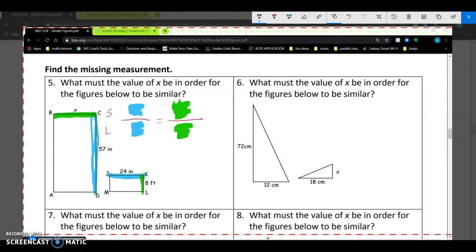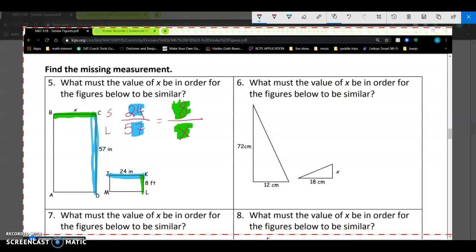Let's do the blue side first, which we have marked as 24. Now, the larger side from the larger figure is 57. For the green sides, the smaller side is 8. And the smaller side on the other is x, what we're trying to find.